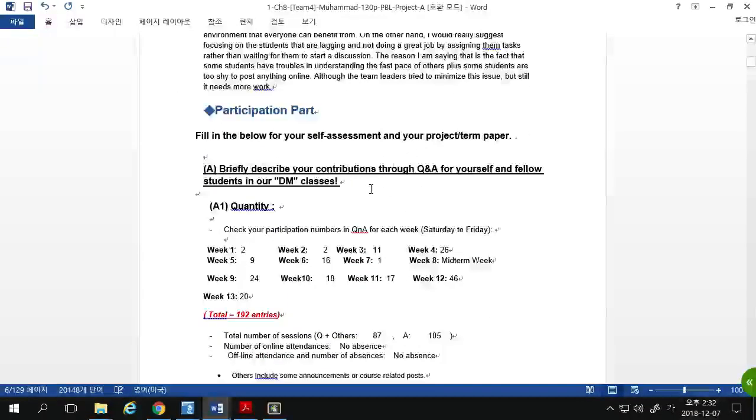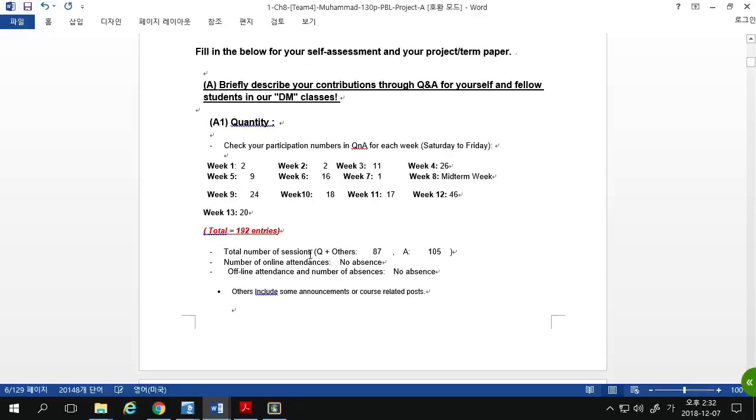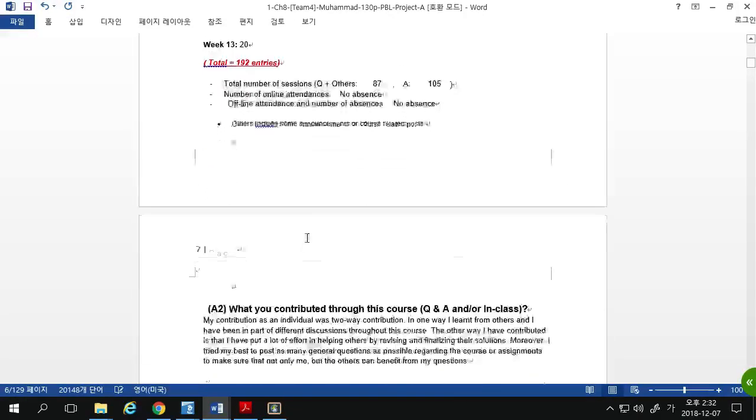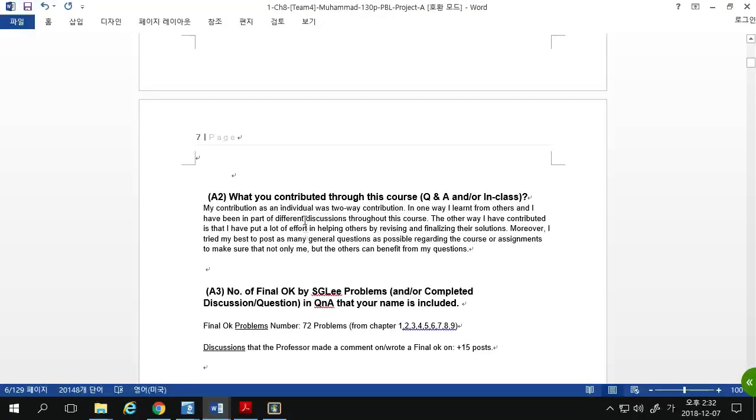For the participation part, this is my November data, not December. Till November I had 192 entries, but maybe I'm at 210 or 220 now, I'm not sure. What I contributed to the course Q&A, on the online lectures and online discussion, is that I played a vital role as the medium between the professor and the students.